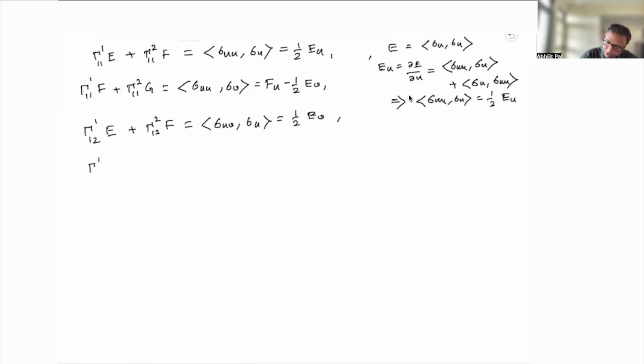And gamma 1,1,2 F plus gamma 2,1,2 G is equal to the inner product of sigma uv with sigma v, which is equal to half of Gu.